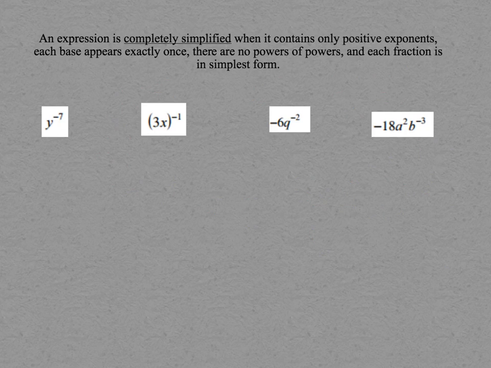So just keep that in mind as we move forward. So here are some examples that we need to be able to work with. Remember, an expression is completely simplified when it contains only positive exponents, each base appears exactly once, there are no powers of powers, and each fraction is in simplest form. So if I wanted to get rid of the negative exponent in this expression, y to the negative 7, I would write it as a fraction, where 1 is my numerator.